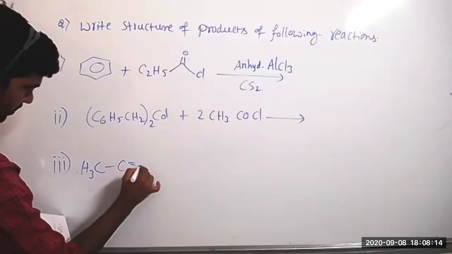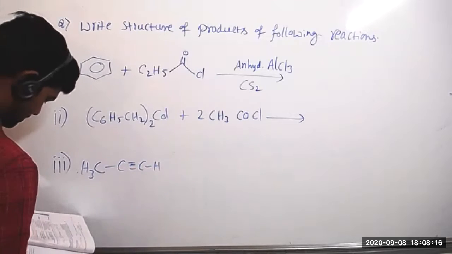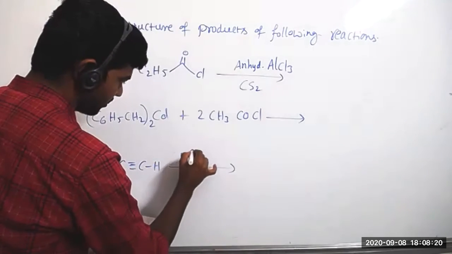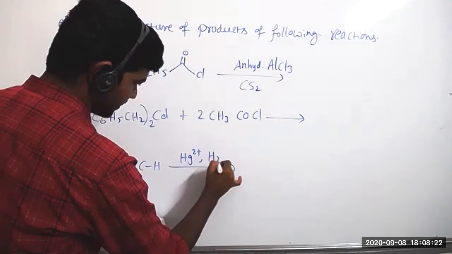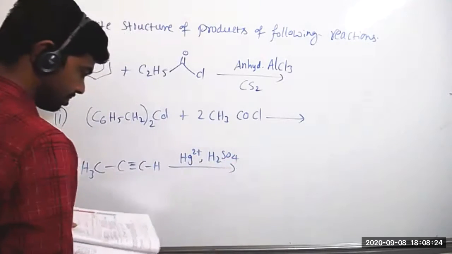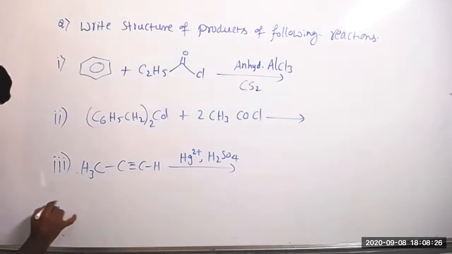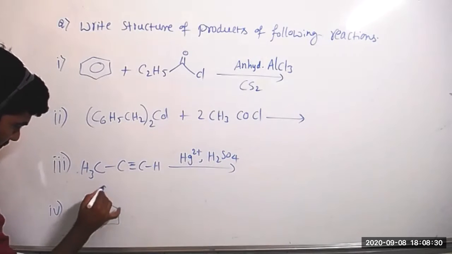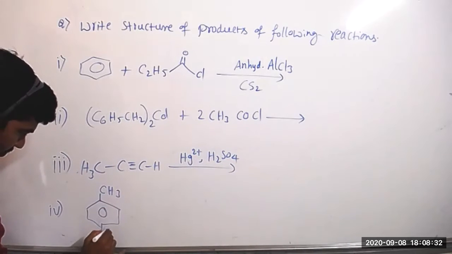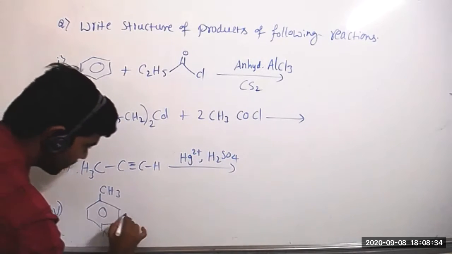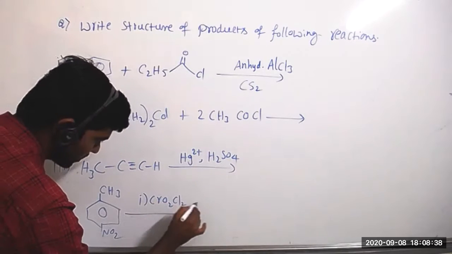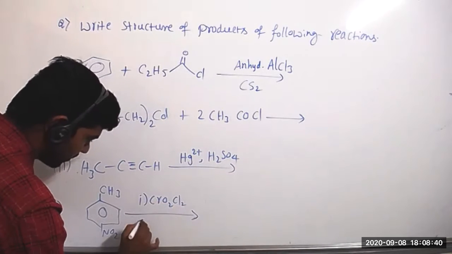CH3 C triple bond CH reacting with mercury sulfate and sulfuric acid. Benzene with methyl and a para-position nitro group treated with CrO2Cl2, chromyl chloride, followed by hydrolysis.